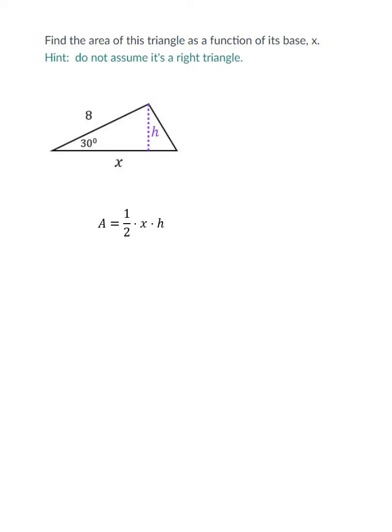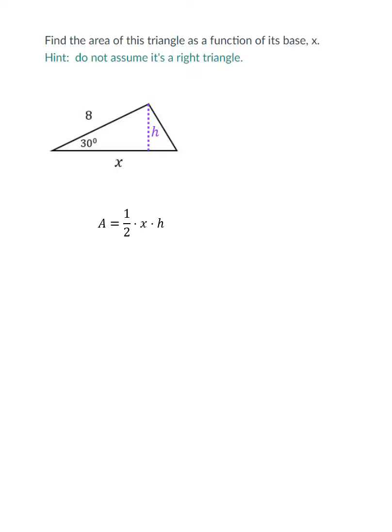So I took the area formula here, 1/2 times base times height. Now it's important to note here that even though there are two letters in my area formula, x and h, one of them is in some sense allowed to be there, and one of them isn't. Now it's true that both x and h are variables, and they relate to one another.